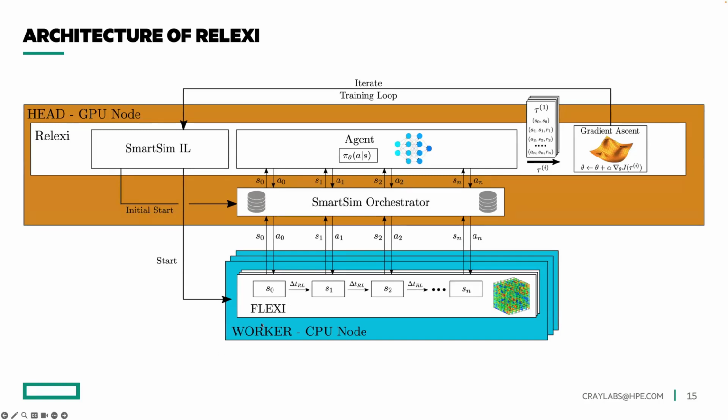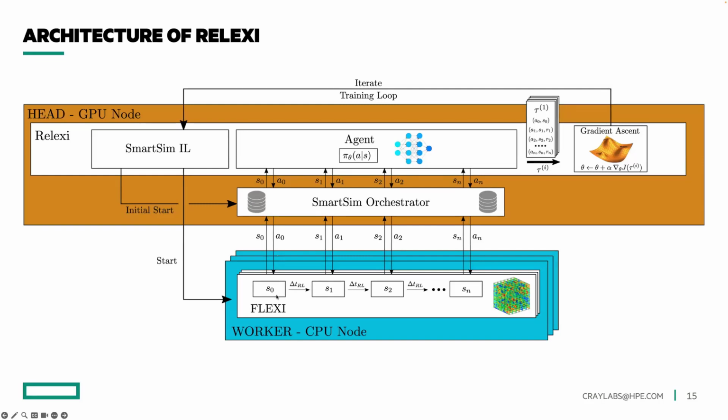So each worker node will take FLEXI, the CFD toolkit, and run a turbulence simulation at both low scale and high scale. And at each time step, they will put the result on the orchestrator, and the reinforcement learning agent will use its own policy to define the Smagorinsky parameter, the parameterization of the turbulence model which it thinks should be used in the simulation to better reflect the low scale turbulence.